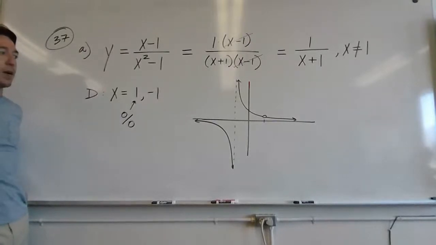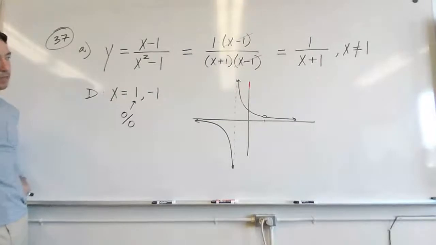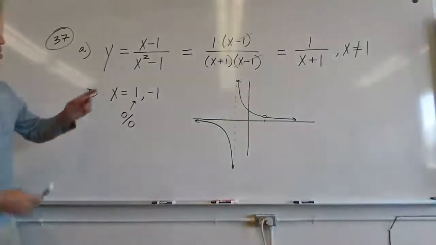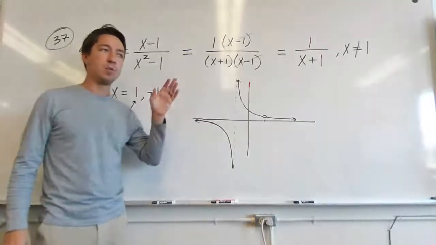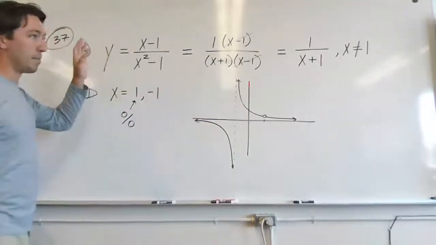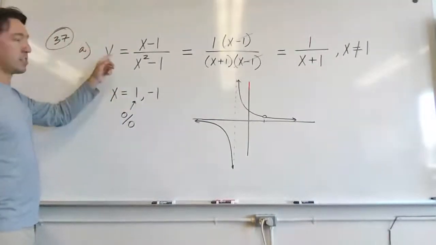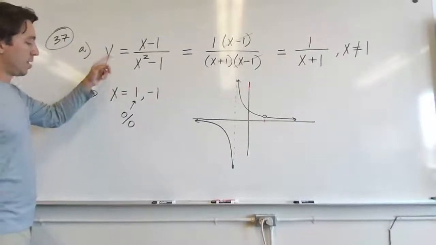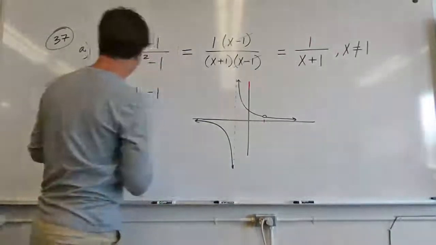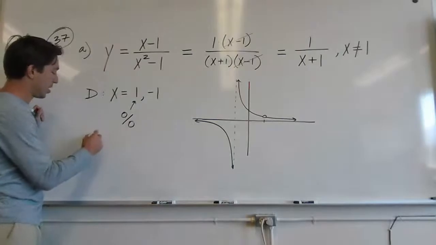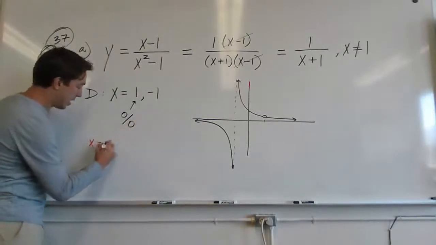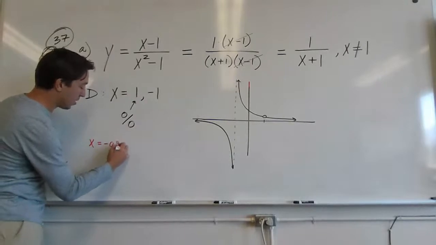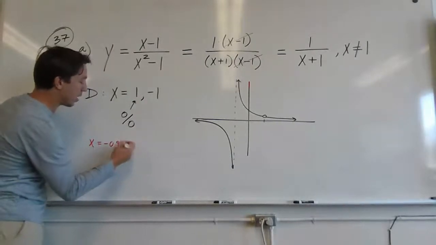So let's talk about why that is happening. Suppose for a moment that you were to plug in a number into this function. I'll do this in red. Let's say that you plugged in negative 0.9999.